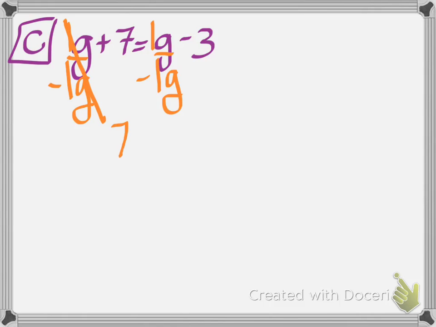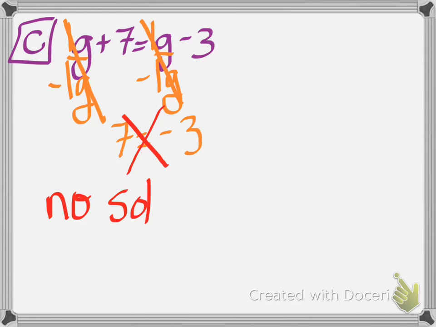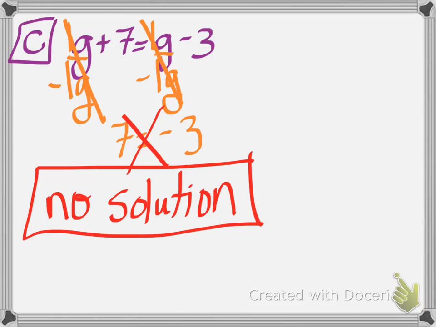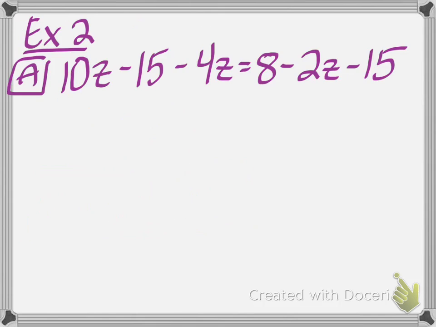Well, 0. 7 equals G minus G, 0, negative 3. Does 7 ever equal negative 3? Answer, no. So the answer is no solution. It's impossible. You can't have 7 and -3 at the same time. It doesn't make any sense. So if your variables completely disappear, that's your answer, no solution.